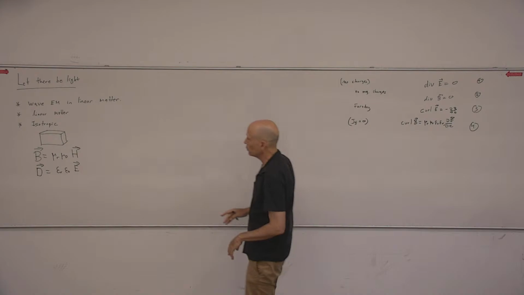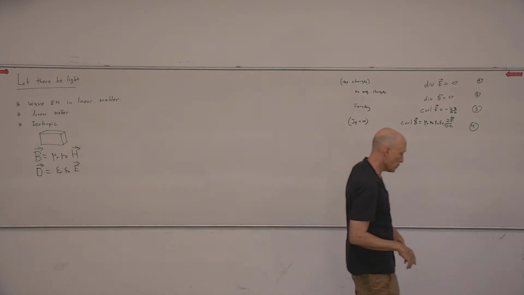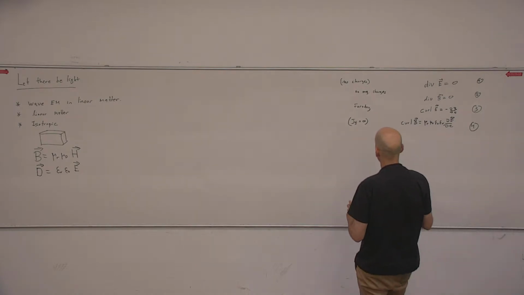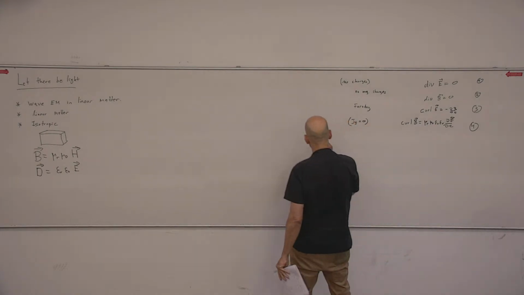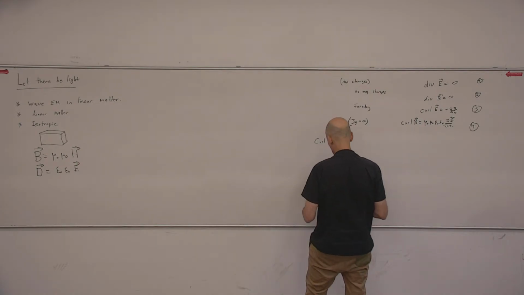And now we want to solve these equations for plane waves. So we are going to use an identity. The identity is this identity. Okay, so all these tricks, this is chapter 1 in Griffiths. I'm not going to prove them.